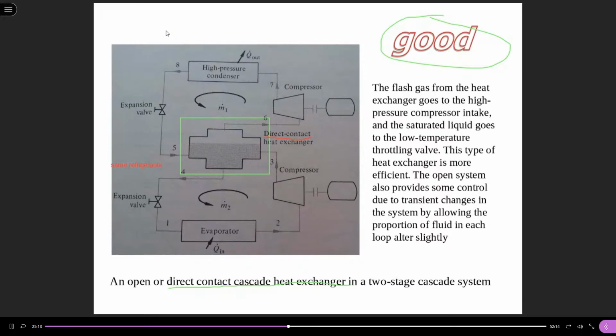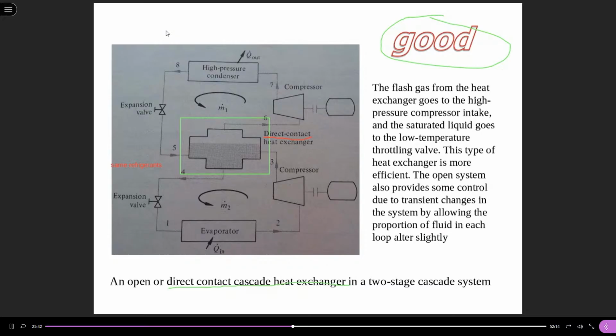pressure cycle. So now let's see the main difference in this direct contact Cascade system is the heat exchanger. So it's open, with direct contact of the refrigerants from the two loops. So there's direct heat and mass transfer.